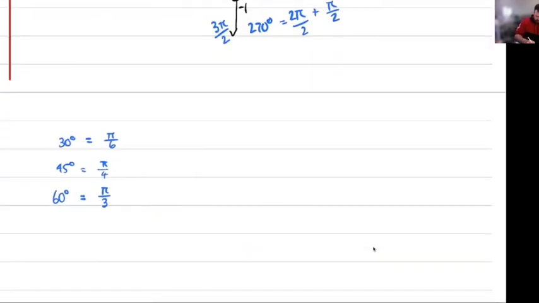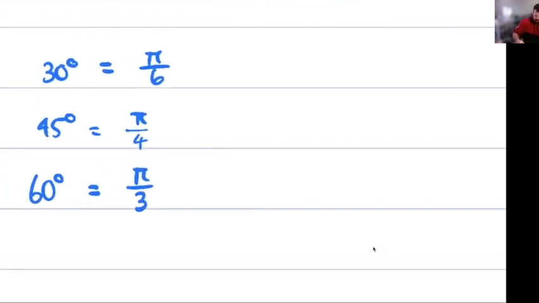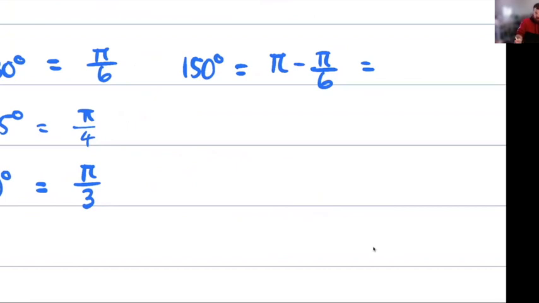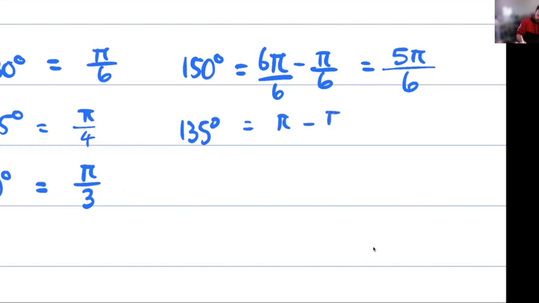Dragging this along here, if we have that, well then 150 degrees is just going to be pi minus pi on 6, which needs to become 6 pi on 6 minus pi on 6, which becomes 5 pi on 6. 45 degrees, well, 180 minus 45 is 135, so 135 degrees is going to be equal to, again, pi minus pi on 4.